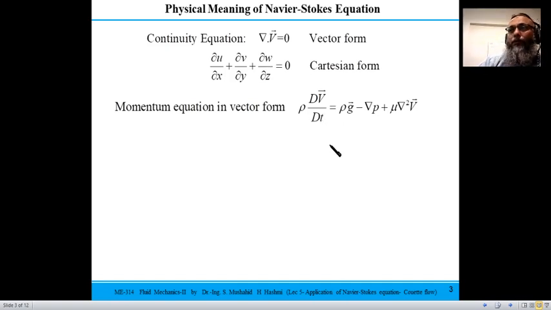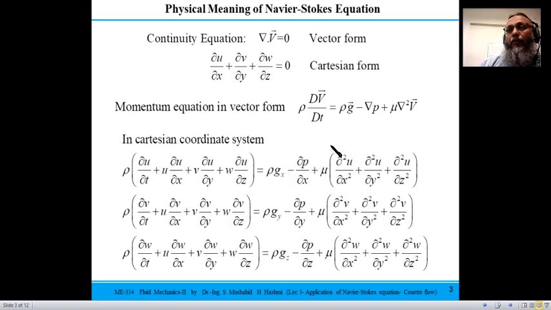Most of the time, we will encounter the Cartesian form of this equation. Once you write it in an expanded form, you can see this local variation of velocity, which is the so-called instantaneous change in velocity. So velocity is changing with time.